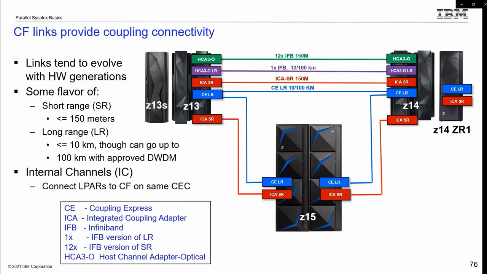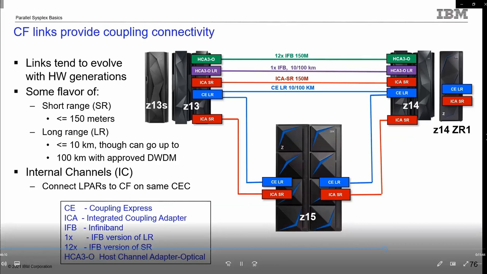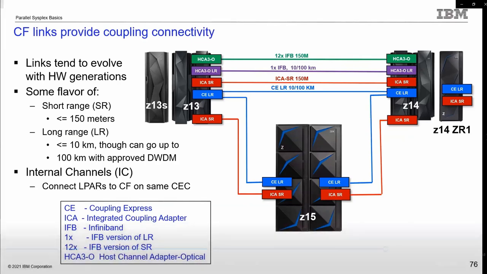And all this chart is trying to show for this presentation is that there are lots of hardware technologies, some of which are more current than others, that can be used to connect between your z/OS image and the coupling facility. And so you're going to need to make sure that you're running the latest technologies in order to make that CF link connection possible.